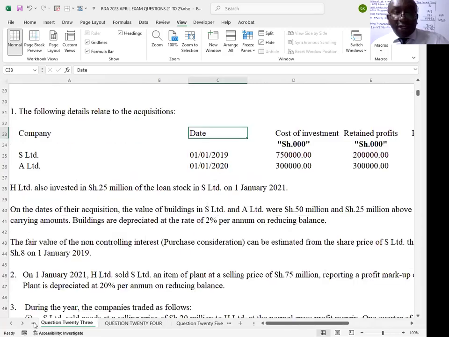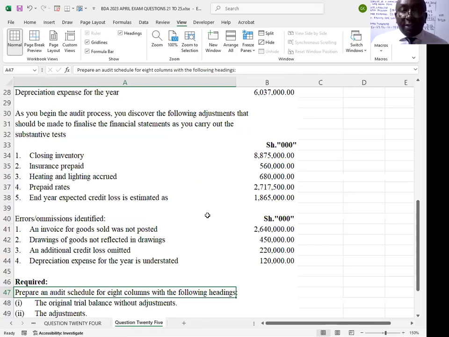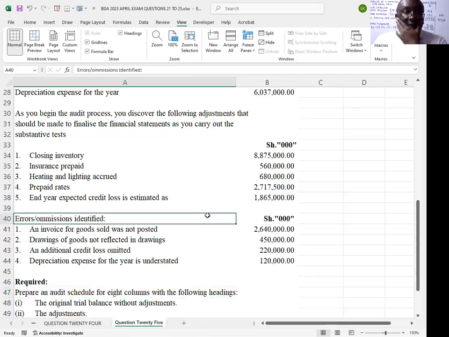Question number 23, for those who are wondering whether it was completed, yes, we did, because the few items that remained, I sent you the notes in the WhatsApp group on how you're supposed to finish. So that question is complete. But question number 24, because I have forgotten, we will look at it in our next lesson. Let's just proceed with the one I've read.